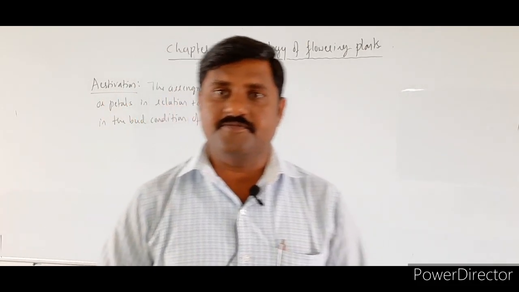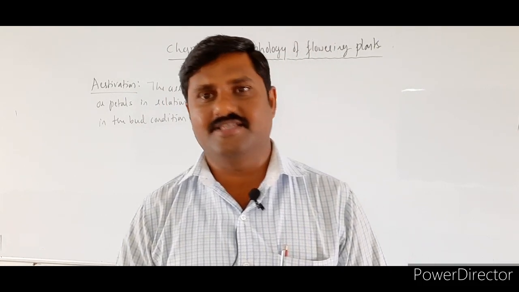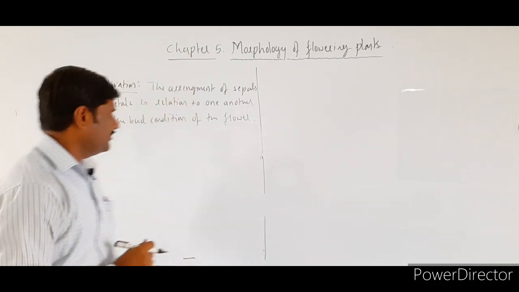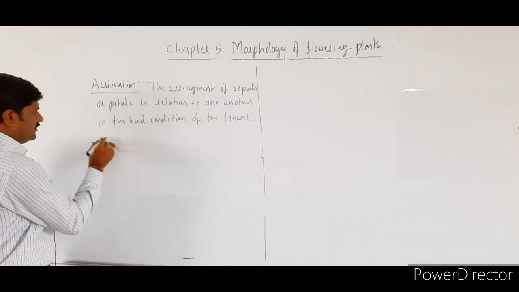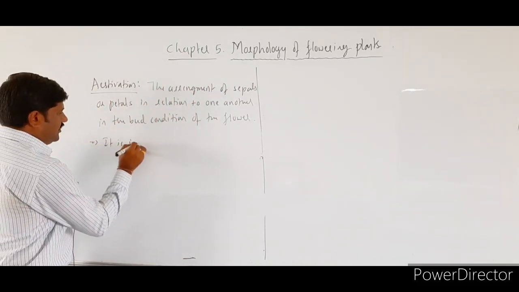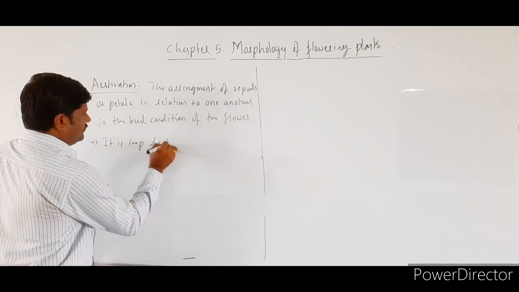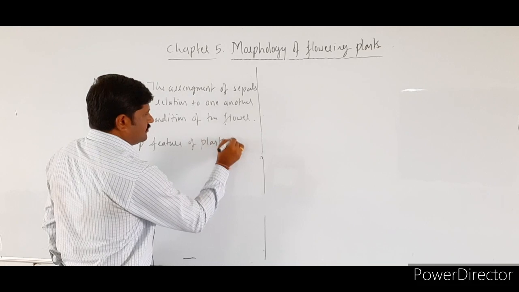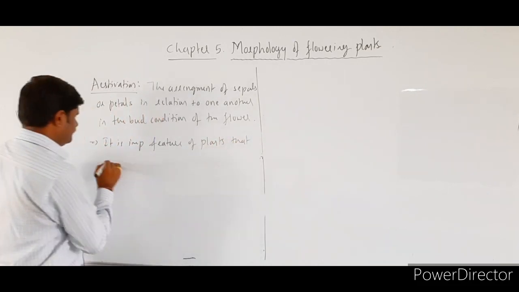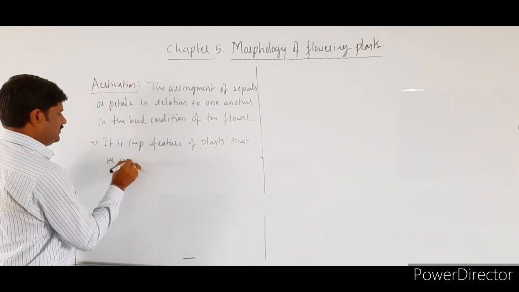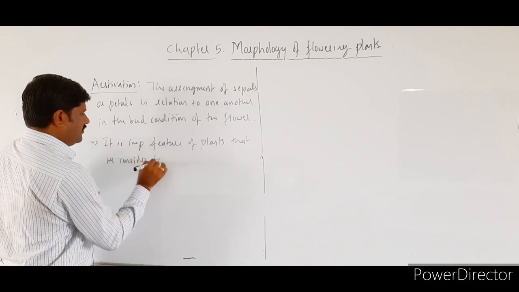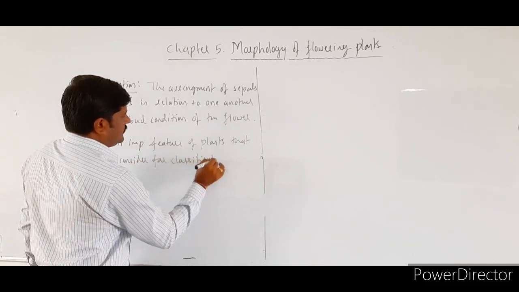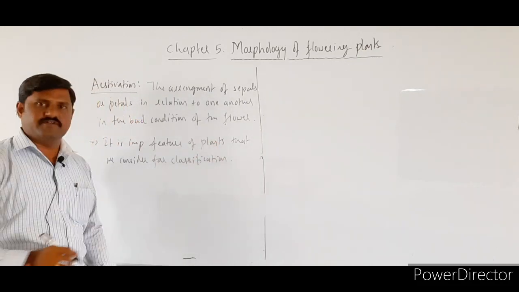So this characteristic feature of all the flowering plants is very important for their classification itself, right? It is an important feature of plants that we consider for classification of flowering plants.